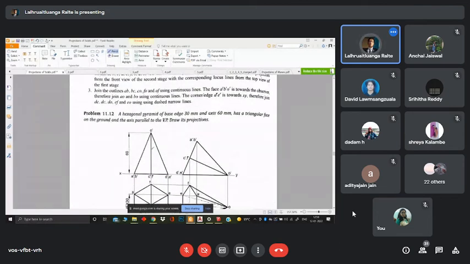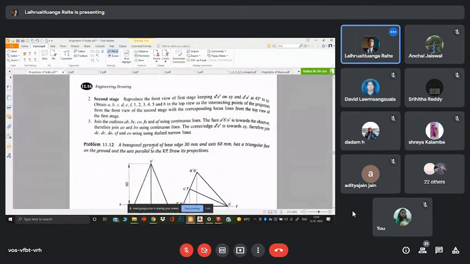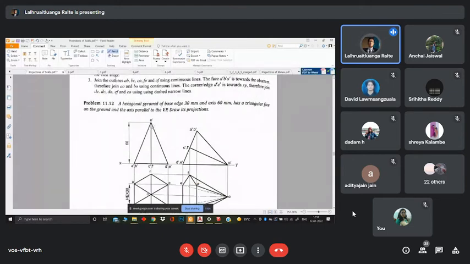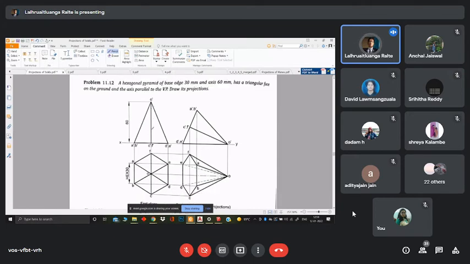So we must visualize it. It's a hexagonal pyramid, and we have different ways of orienting it. Here the first step is always very important. We are going to let it rest on the horizontal plane. Sorry, we are going to let one of the triangular faces rest there.